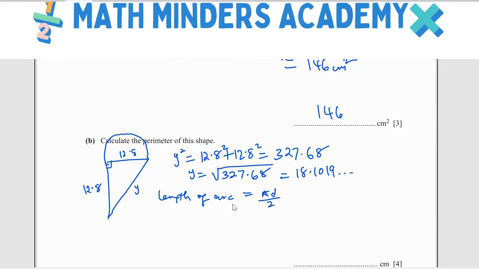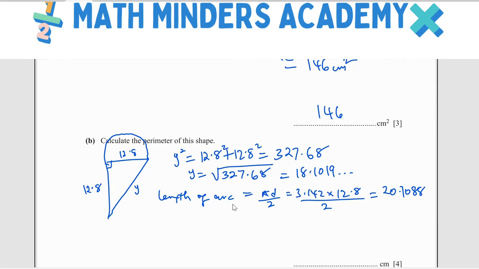Of course, the circumference of a circle is pi d. We divide by 2 to get this curved part, and that gives us 3.142 times the diameter, 12.8, all over 2. And this will give us 20.1088.